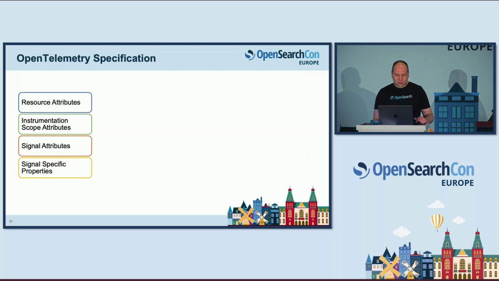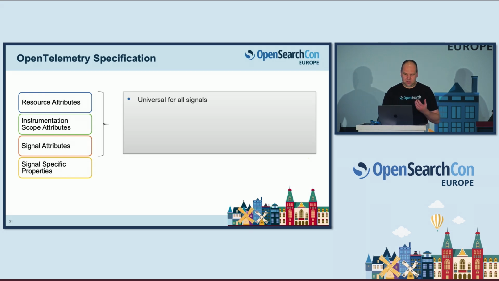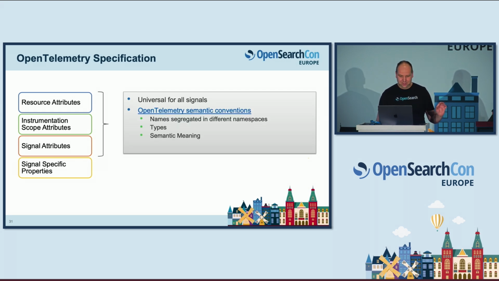Okay. What does the OpenTelemetry specification actually tell us about all of this? Resource attributes, instrumentation scope attributes, and to some extent signal attributes are somewhat universal. Resource and instrumentation scope attributes are, signal attributes can be. That means there are OpenTelemetry semantic conventions on them.